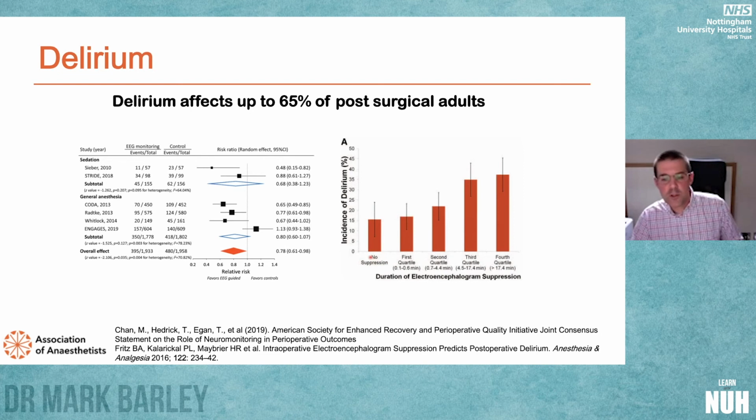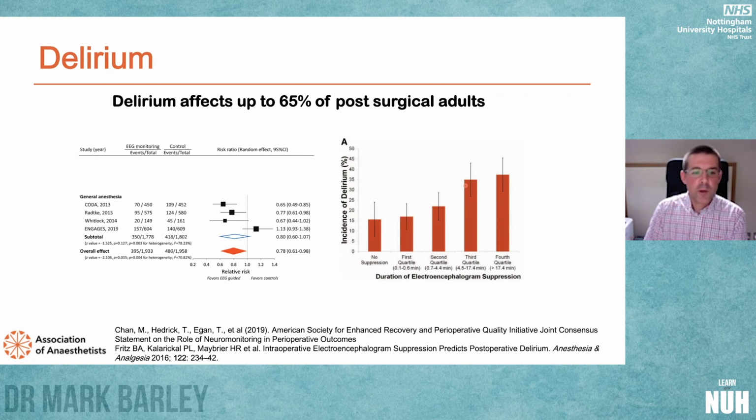It's noted that the duration, or how long our patients are burst suppressed, increases the incidence of delirium. So when we get to over 4.5 minutes of burst suppression, we're starting to see a very significant incidence, and that's why that suppression time value that the BIS update will bring will be quite valuable in quantifying that for us.